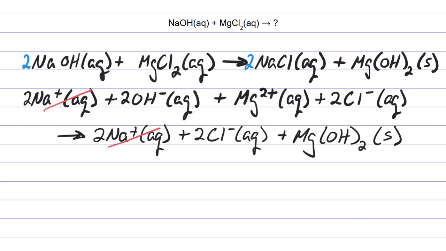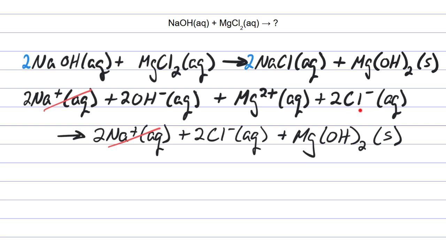I have 2 hydroxide ions in the aqueous form on the reactant side. But on the product side, my hydroxide ions are in a solid compound. They are not in the same phase. They're combined with magnesium, so I can't cancel those. On my reactant side, I also have a magnesium ion in the aqueous form, but over here it is bonded to hydroxide in a solid, so it will not cancel.